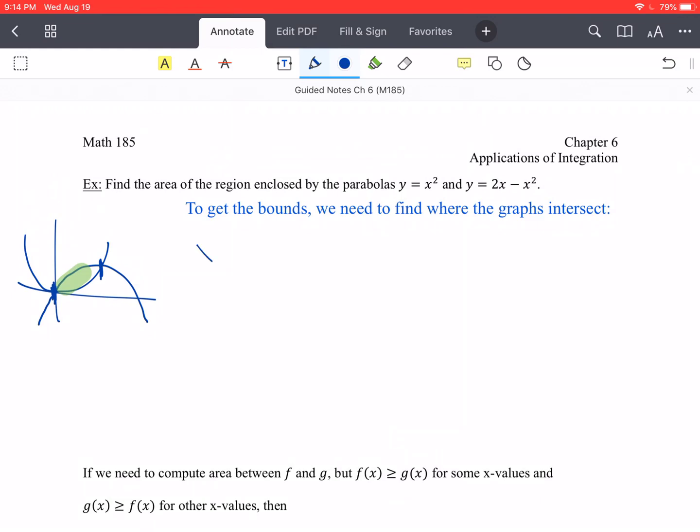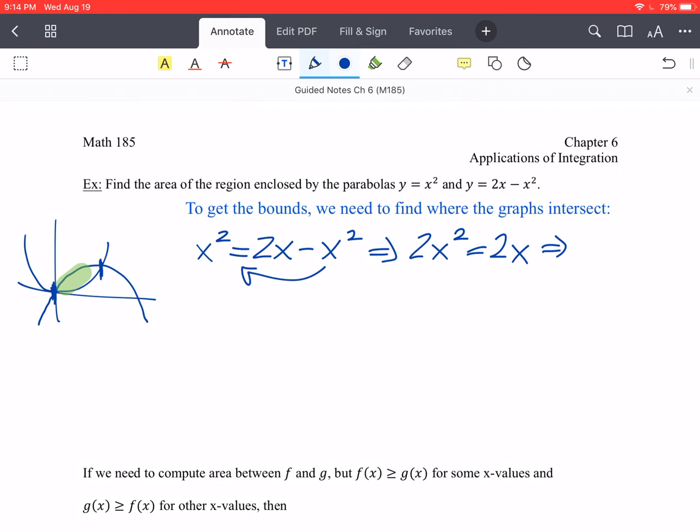So that's going to be x squared equals 2x minus x squared. And now let's go ahead and solve this out. So add the x squared to the other side. So that's 2x squared equals 2x. Instead of dividing by 2x, you might be tempted to do that, but algebraically that would be a mistake because you'd end up eliminating one of your solutions if you divide out the x.